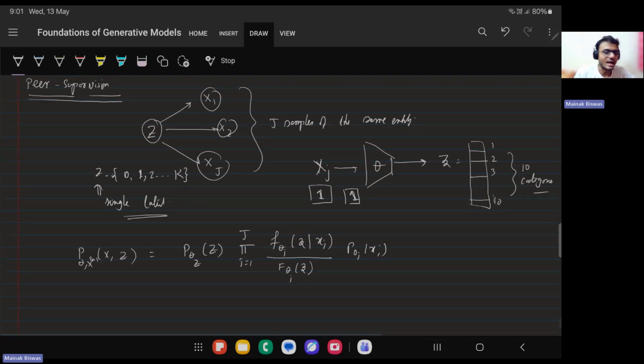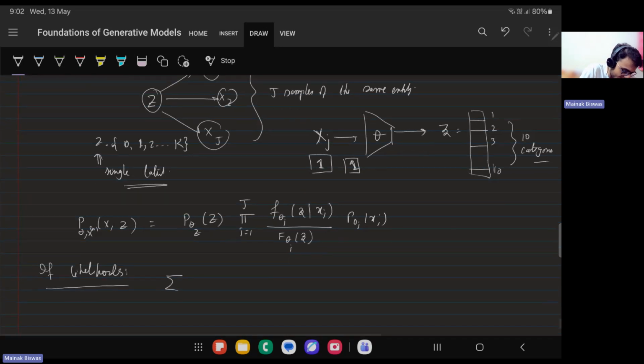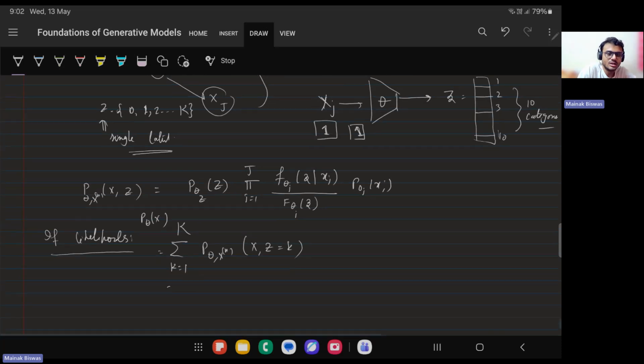Okay, so if I have to calculate p theta of x, if likelihoods have to be calculated, computing likelihoods will help you understand what these latents are. So p theta of x is nothing but the summation of p theta of x and all the data, and z is equal to k, because it's a categorical variable.